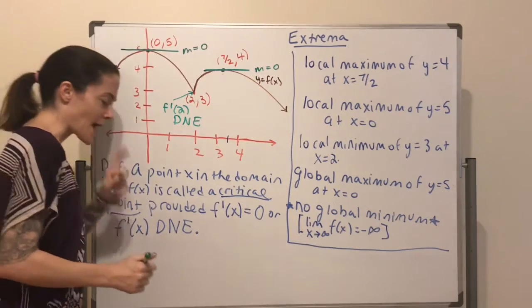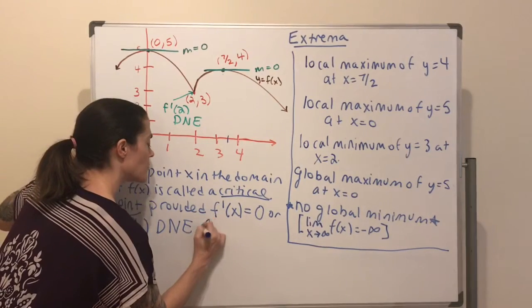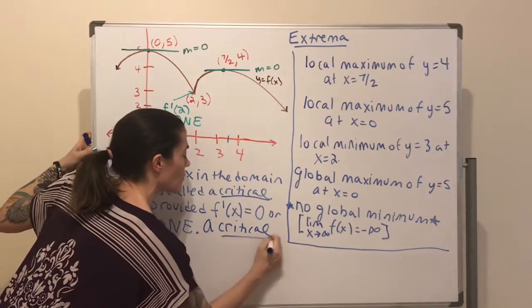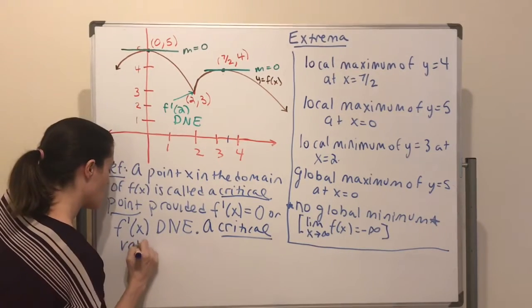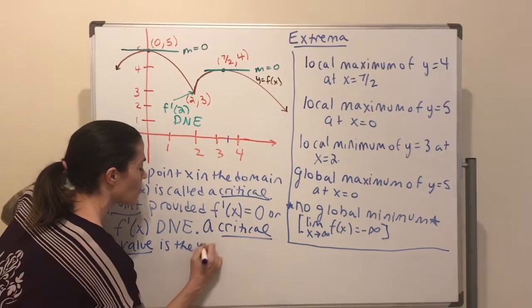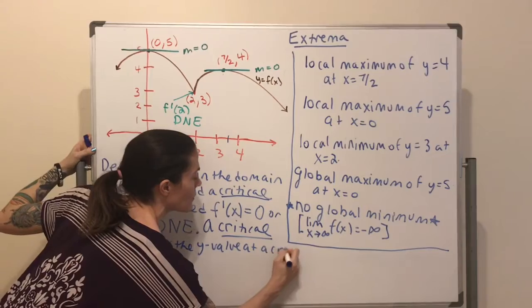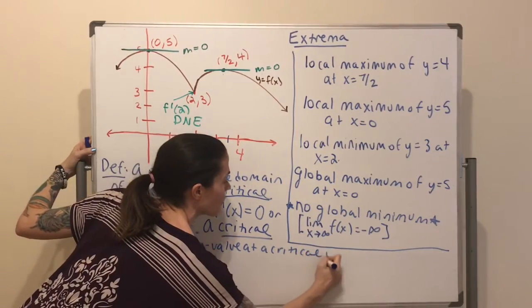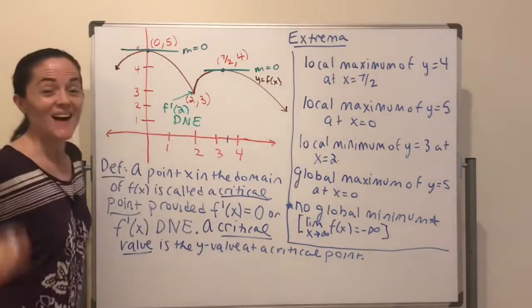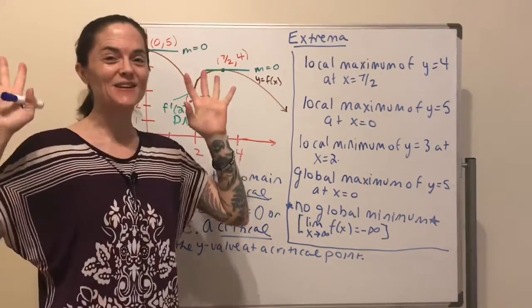Okay? Perhaps one more definition, and that is a critical value is the y value at a critical point. Okay, so x values can be critical points.